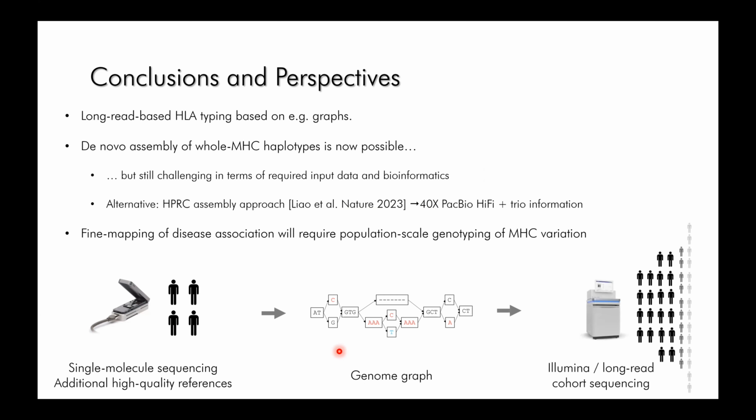Based on these genome graphs, we can then do cohort genotyping in the largest human cohorts that we have, such as All of Us or the UK Biobank. At that stage, we should finally be in a position to carry out a comprehensive analysis of what is driving the associations in the single most important region for human disease genetics.